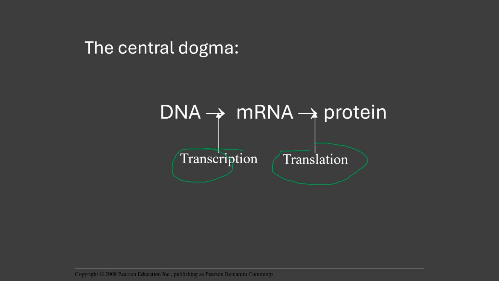And with mRNA, you are taking the language of nucleic acids and translating it to the language of proteins, which is amino acid sequences. So that's the central dogma of molecular biology. We'll focus here on transcription, and later presentations will focus on translation.